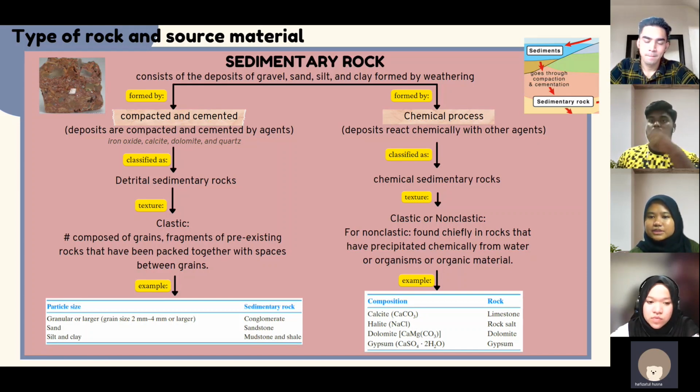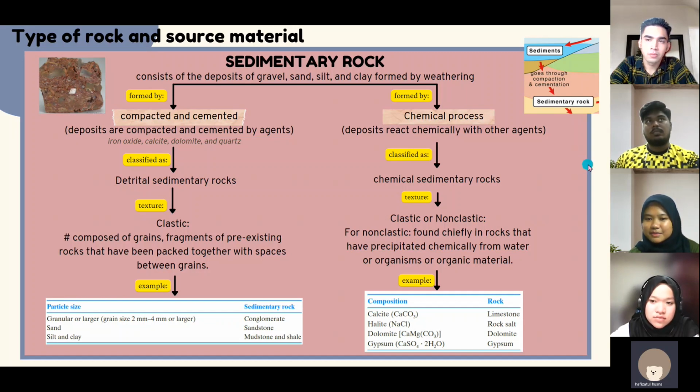For the chemical process, it will be done when it deposits chemically with other agents. Then it is classified as chemical sedimentary rocks. These rocks have a texture of clastic or non-clastic. Non-clastic can be found chiefly in rocks that have precipitated chemically from water or organism or organic material.